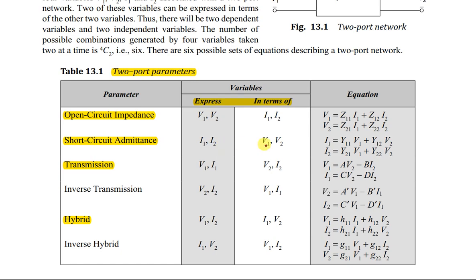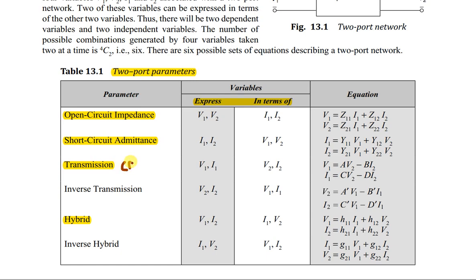Here we have to express I1 and I2 in terms of V1, V2. So on the left side you write I1 and I2, and express them in terms of V1 and V2. Similarly, there are transmission parameters, also called ABCD parameters.